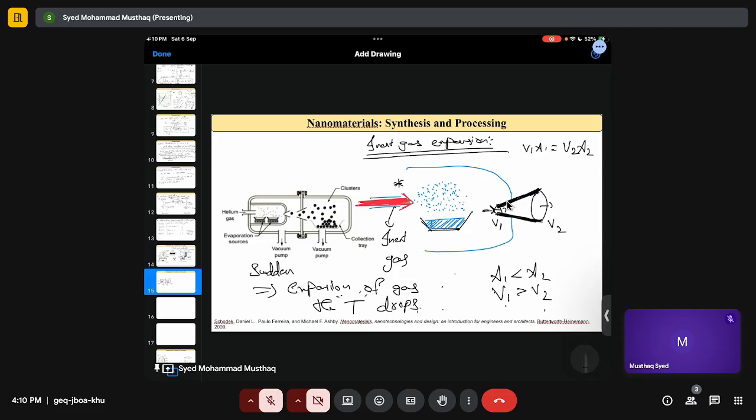Why? Because the energy is being released. Whenever the internal energy is being released, you will have a decrease in temperature. And that decrease in temperature will result in these guys getting condensed, and they will form clusters, nanoparticles.